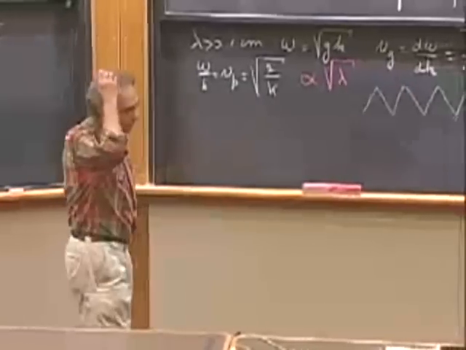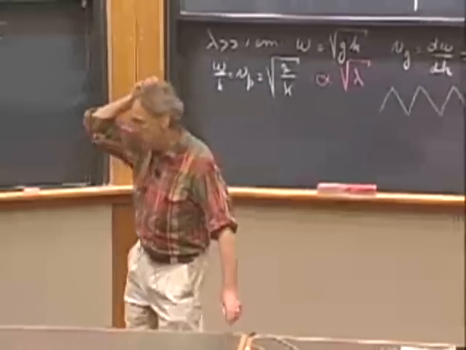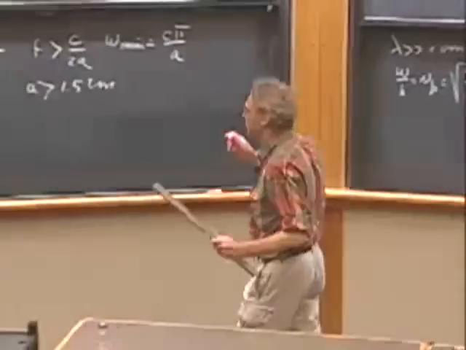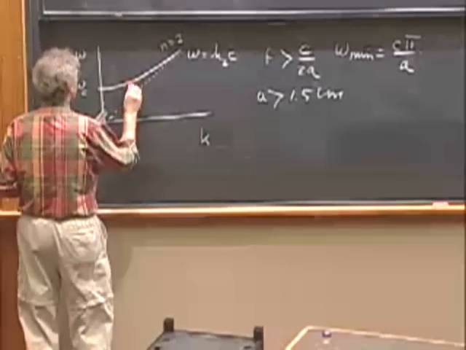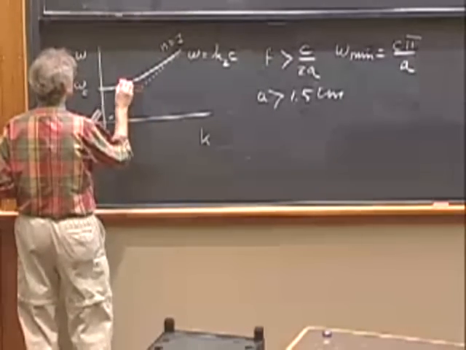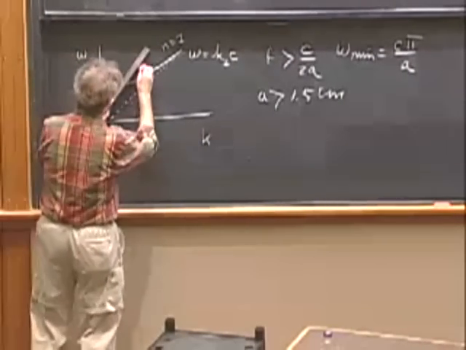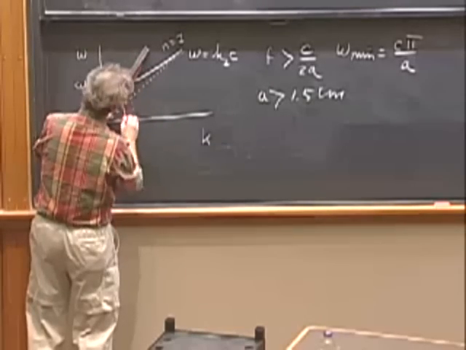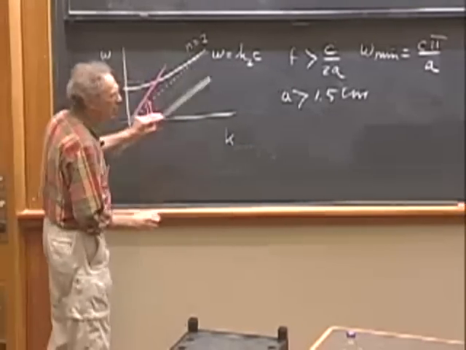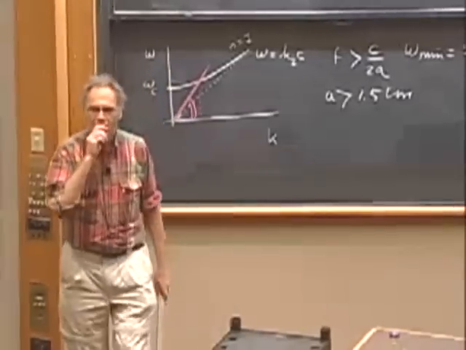So what now is the phase velocity, for instance, at this frequency, so that it has this value for k? Well, it's this. This slope is larger than this one. It's higher than the speed of light.